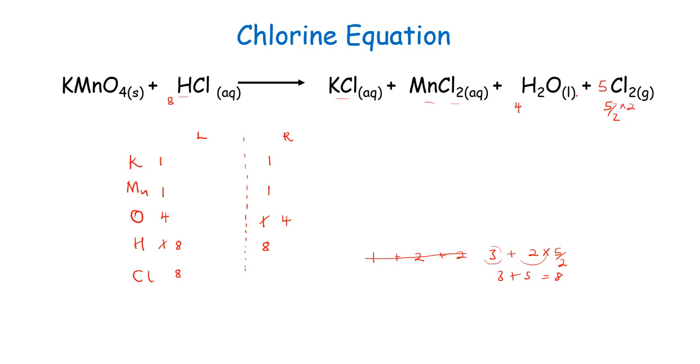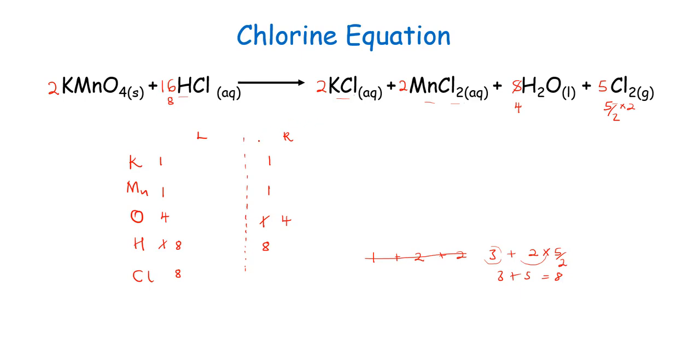Now I'm writing the final answers. 4 times 2 becomes an 8. 1 times 2 becomes a 2. 1 times 2 becomes a 2. 8 times 2 becomes 16. And lastly, 1 times 2 becomes a 2. Because it was already balanced with 5/2, multiplying throughout by 2 does not affect the balancing.